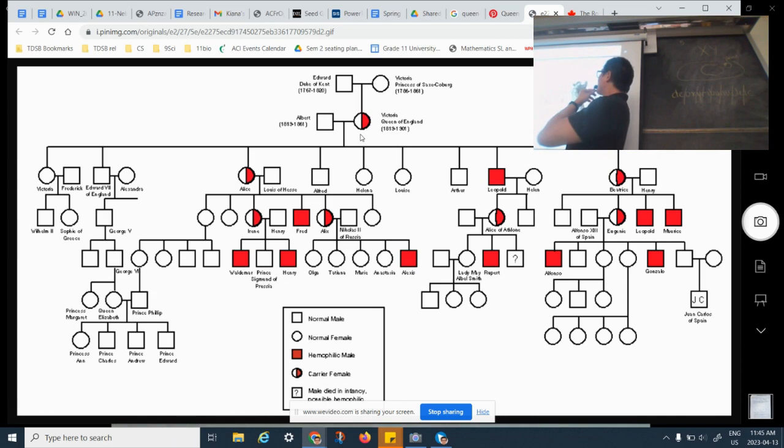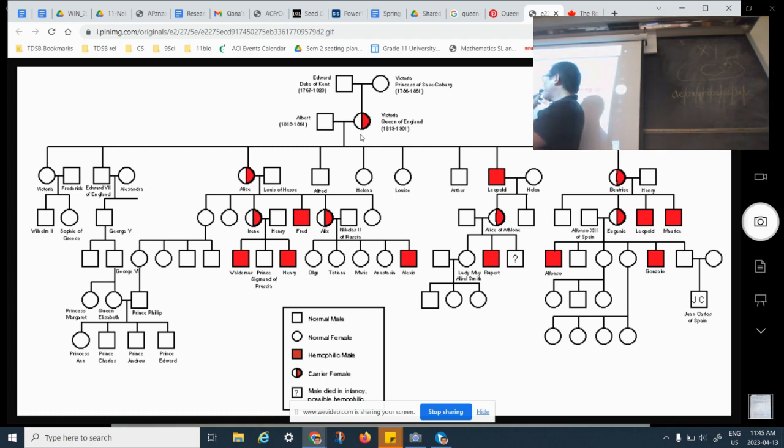So in this case, her 7 children were married into other royal families. With this match, Alice produced this girl, can't read her name, who married Nicholas II of Russia.